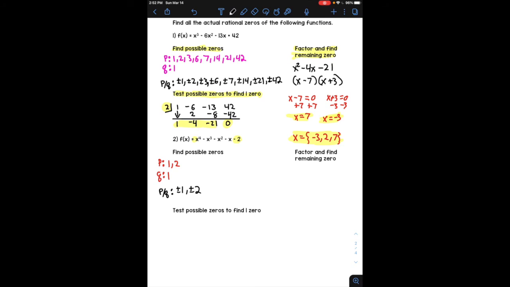Let's test to see if 1 is a solution, and we're using the synthetic substitution method. If we get a remainder of 0, I know 1 is a solution or a zero.